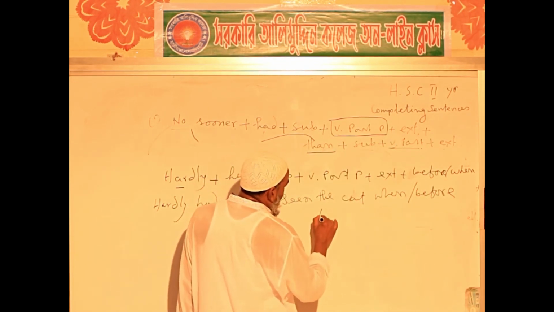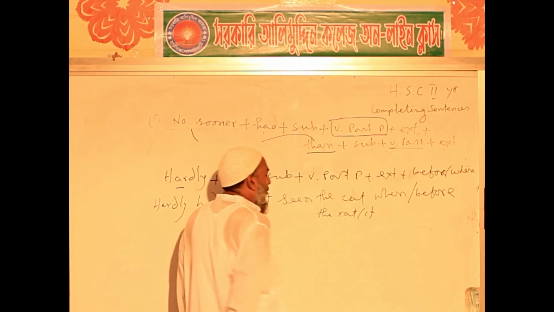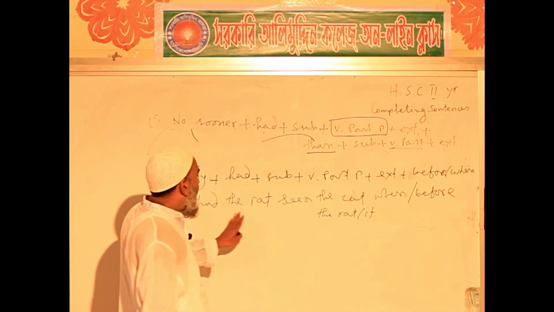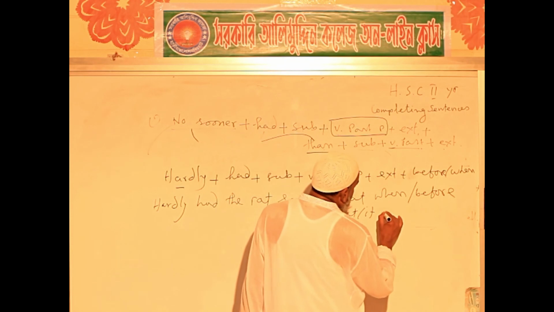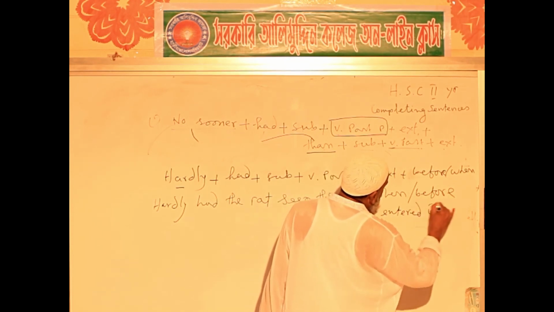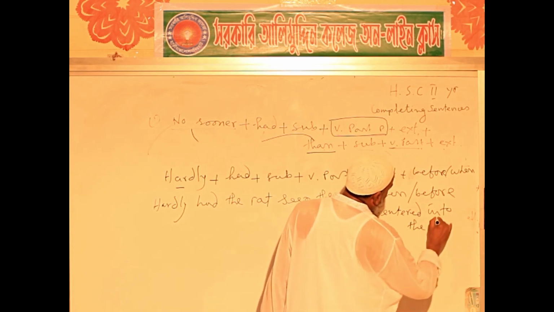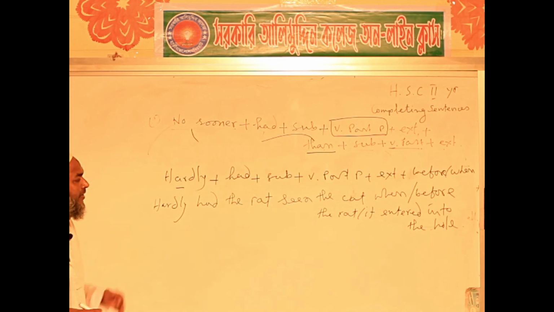The subject, the rat or it, may be a pronoun. Hardly had the rat seen the cat, when or before the rat entered into the hole. Okay, so in this way he can also finish the sentence.